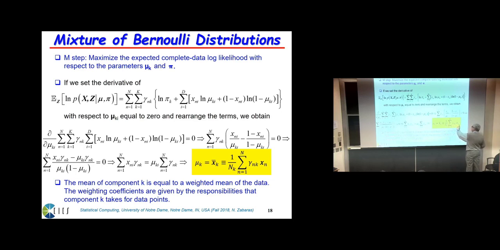You take a summation over all points for the cluster K, weighted by the responsibilities that each point n belongs to cluster K, divided by the total number of points N_k affiliated with the component K. The results are identical, right? This is not a Gaussian, however; it is a multi-Bernoulli distribution. We have D binary variables to work with here.